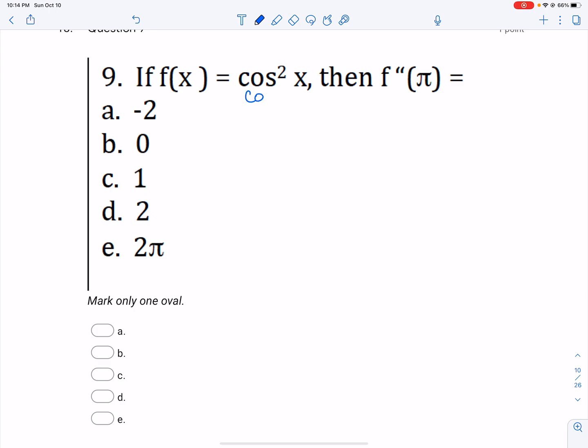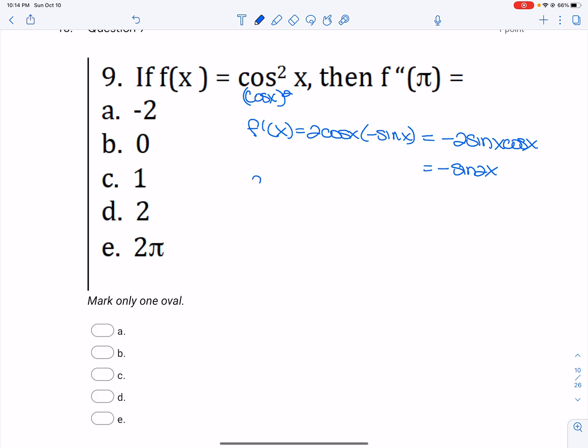So remember that this is cosine of x, the quantity squared. So f prime of x is equal to 2 cosine of x times negative sine of x. So this is negative 2 sine x cosine x. And if you remember your identity, then you could have changed this into negative sine of 2x, and then I can take the second derivative very easily.